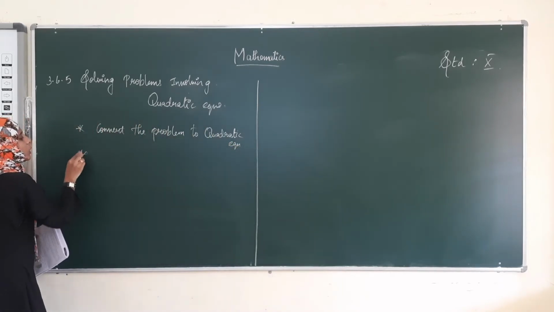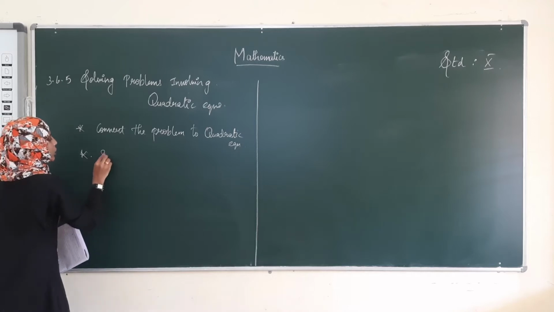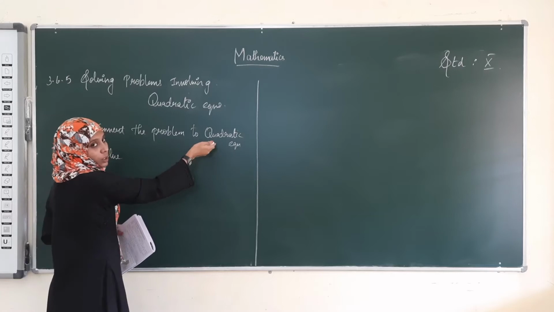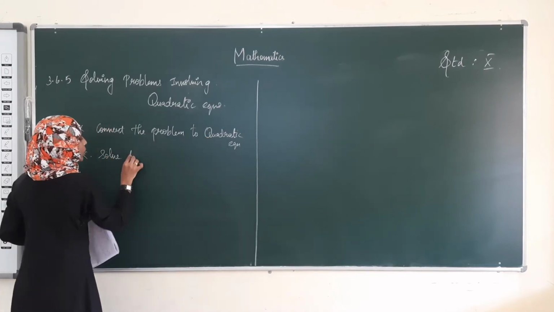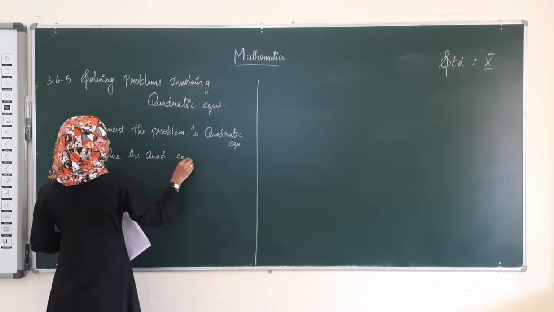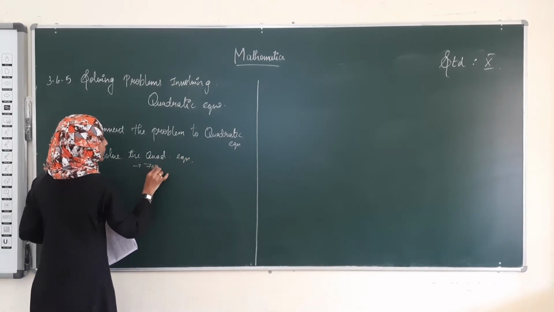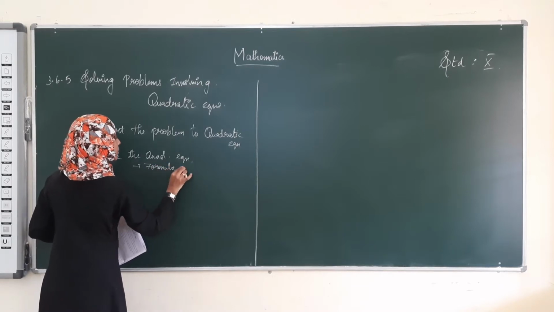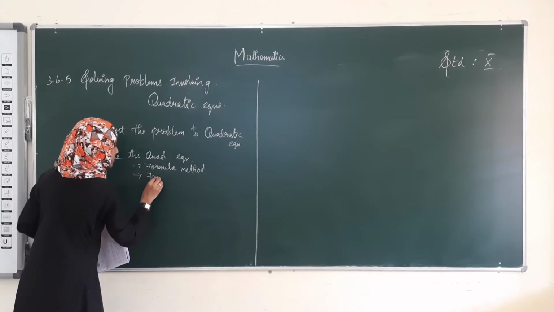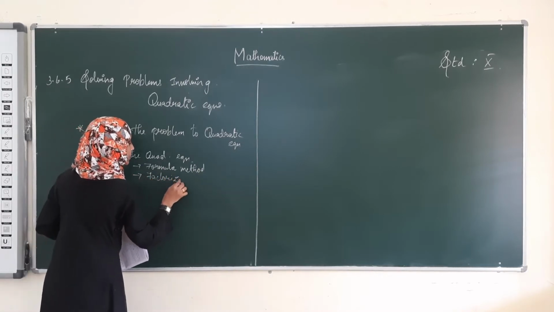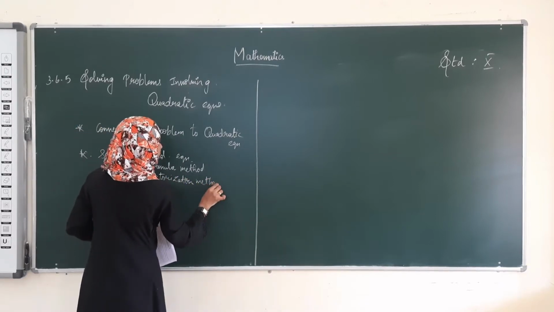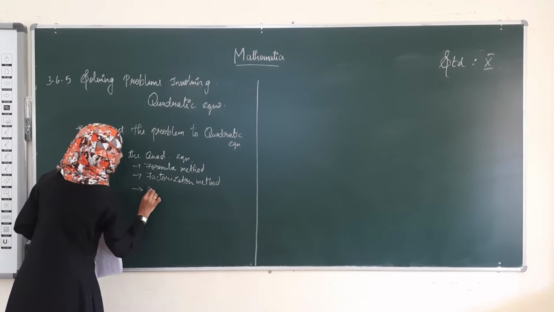Then you have to solve the quadratic equation using any of the three methods, that is formula method, factorization method, or the method of completing the square.